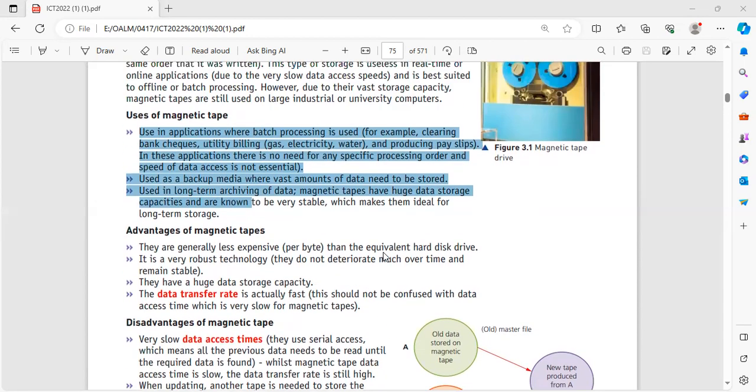Okay. Basically, batch processing means, have you heard about an electricity company? Yes. What they do is first collect data from consumers about what they have consumed in electricity. Then they perform processing. They put all the data into a computer.